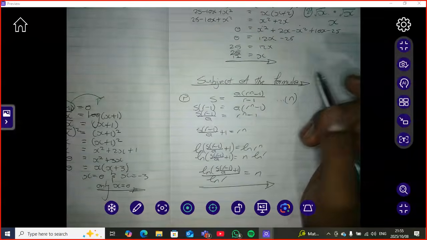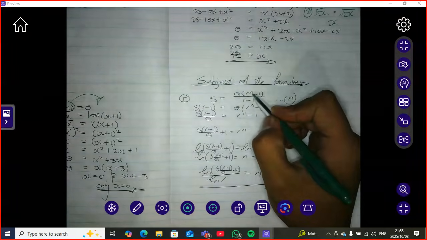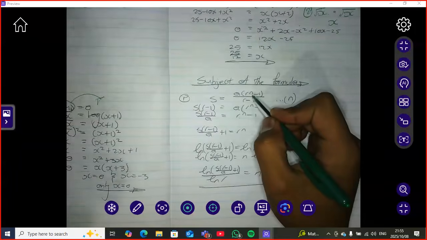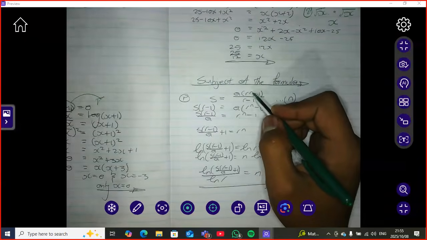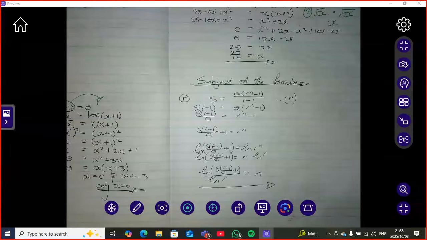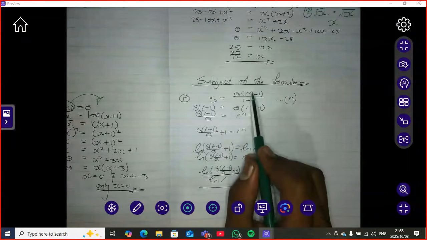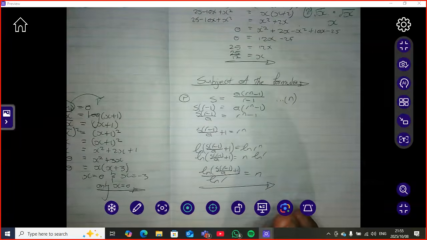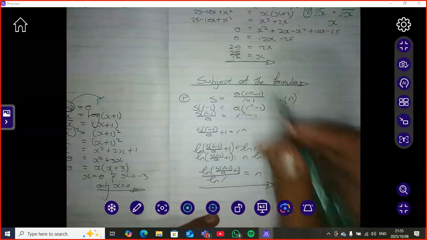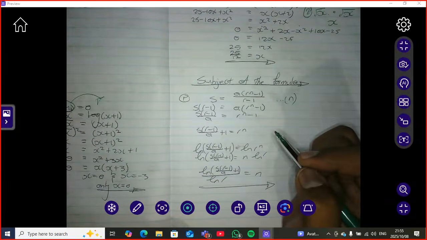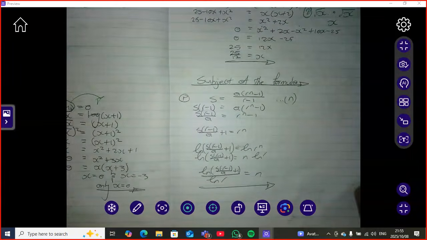Okay, so we want n here, and n here is an exponent. So I must get ln out of there. Okay, I was doing it on an extra page, but that's fine. My job is to get n alone. That's my mission. So I start by chopping the tree off somewhere, right?